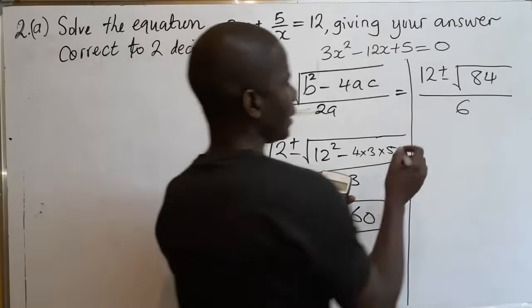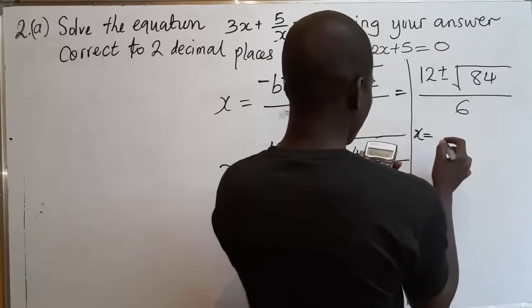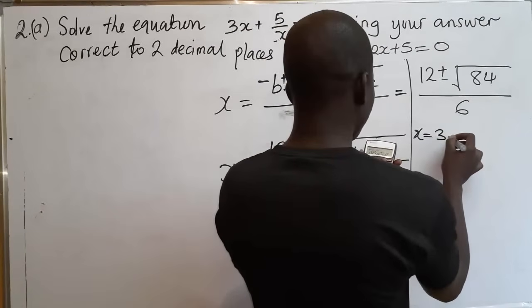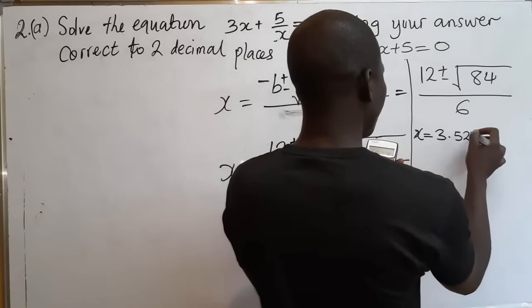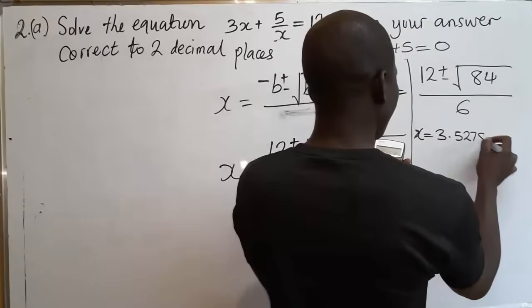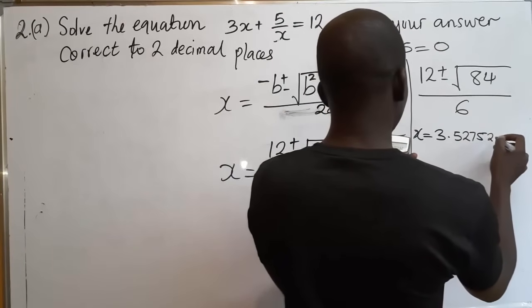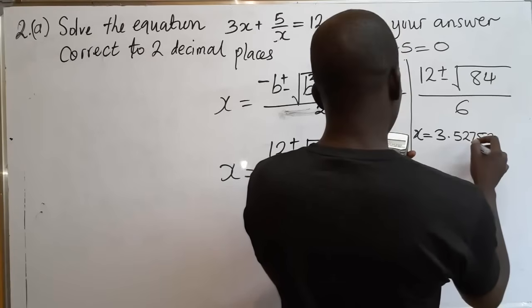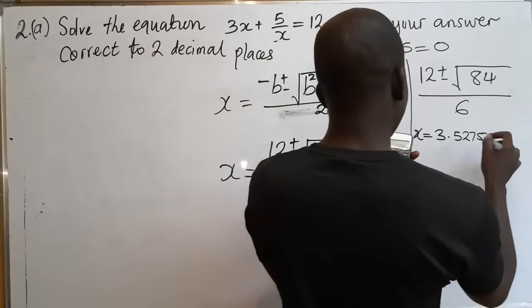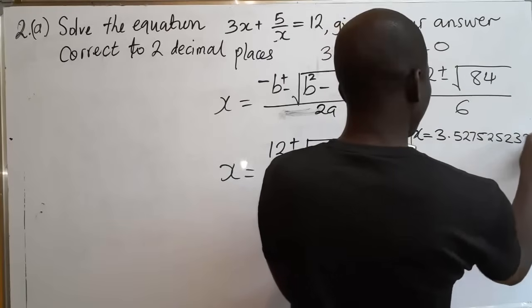So you're going to get one of the values of x, which is 3.5275252523 2.